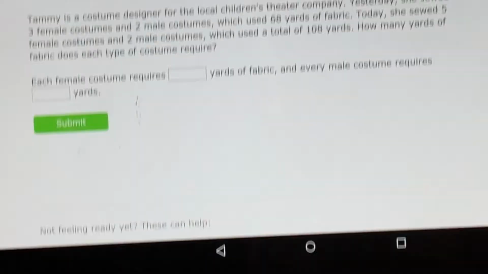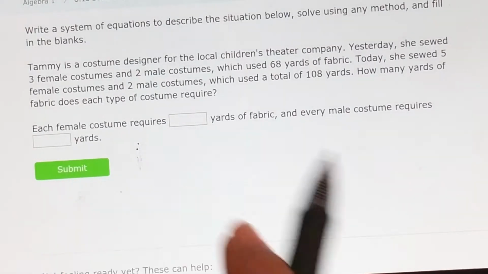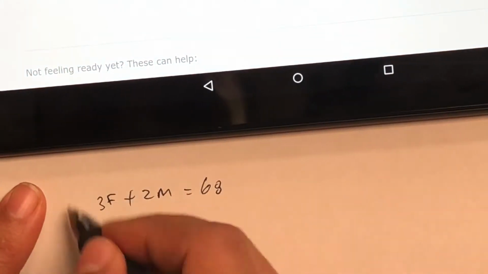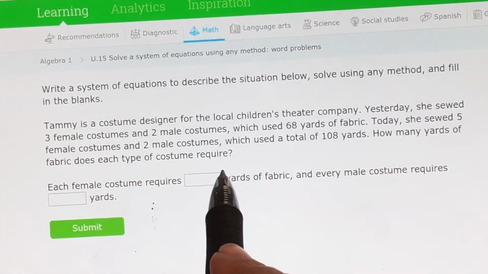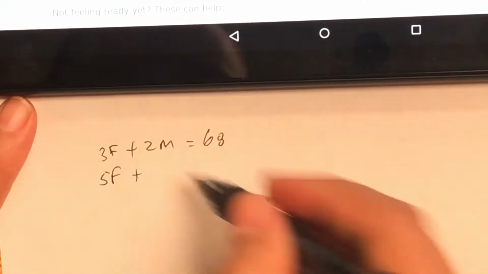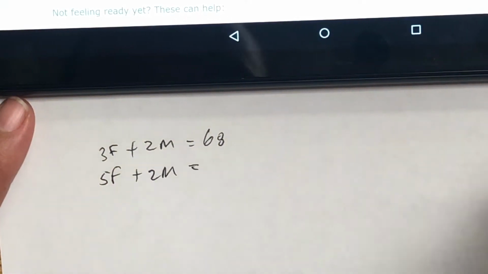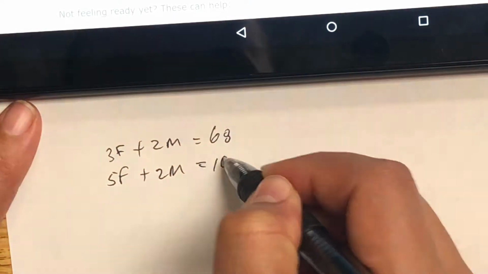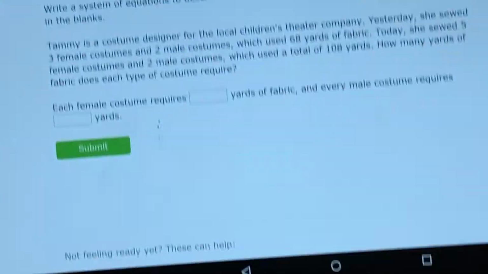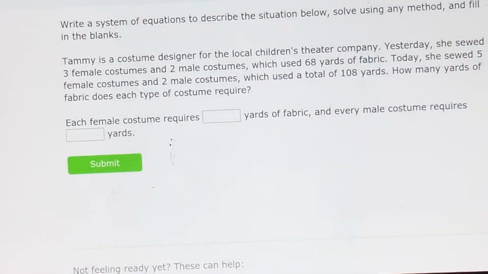Today she sewed 5 female costumes, so 5F plus 2M equals 108 yards. How many yards of fabric does each costume require?